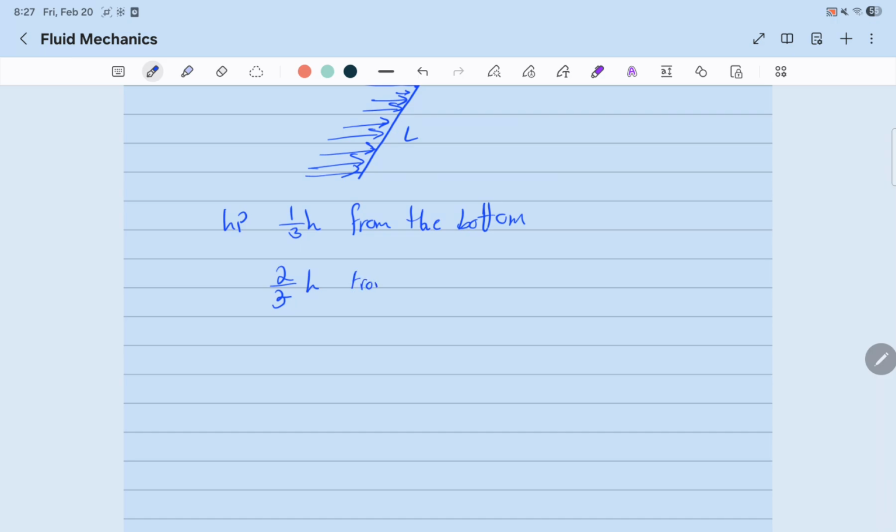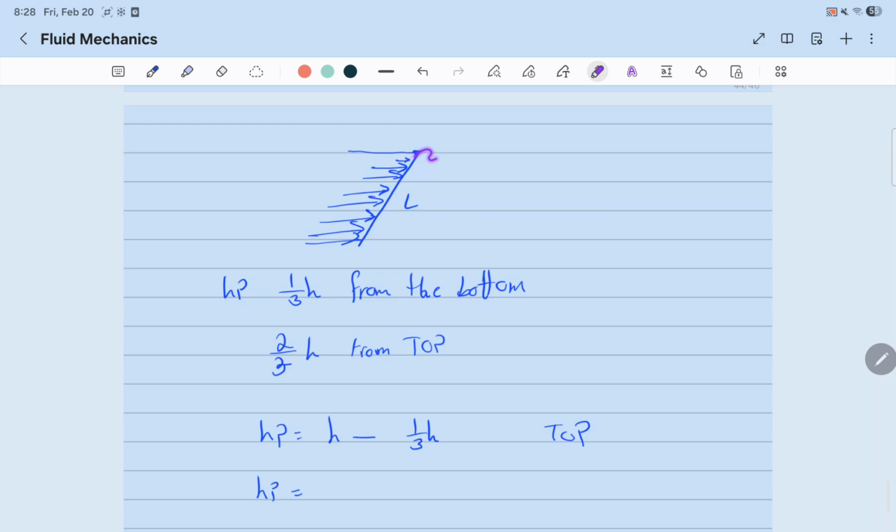Now from the top, HP equals H, the total H, minus 1/3 of H from the bottom, in order to get it using the top as a reference point. You'll be fine if you write 1/3 of H from the bottom, but I usually like to reference it from the top.